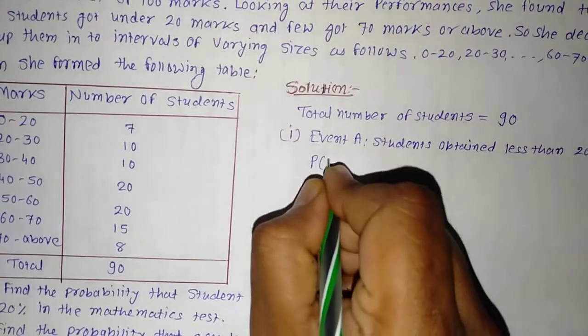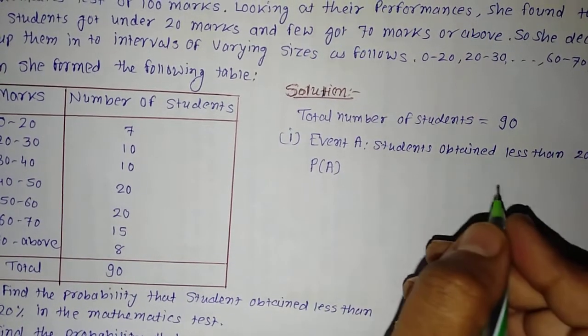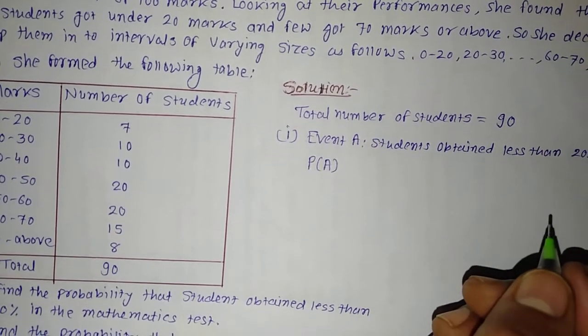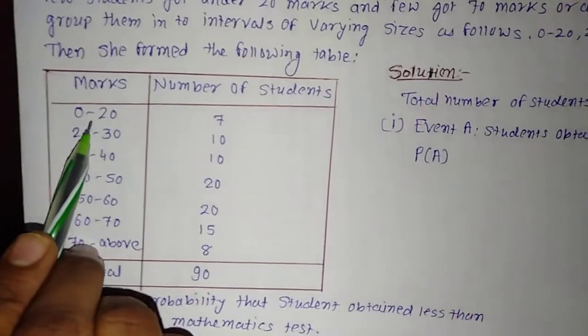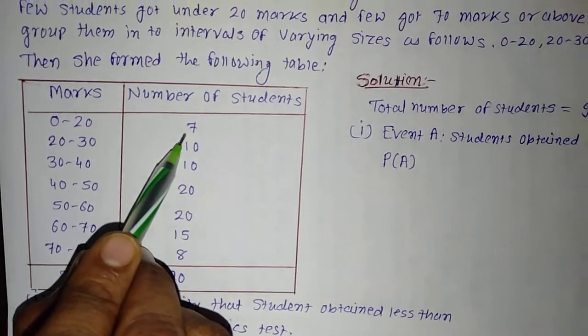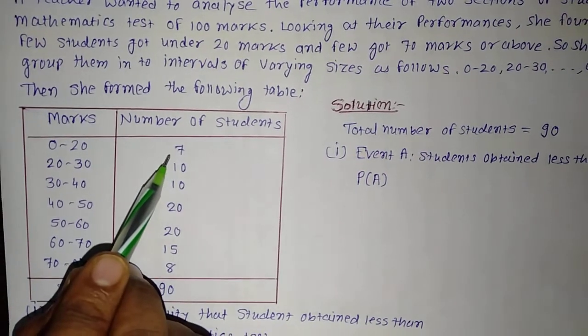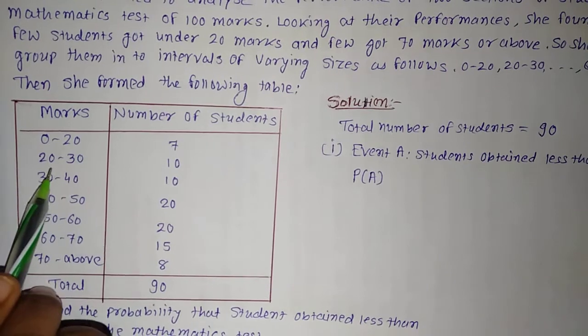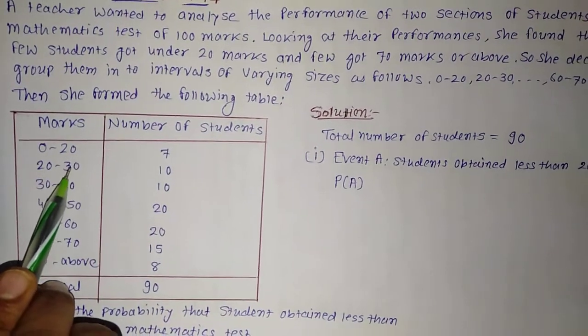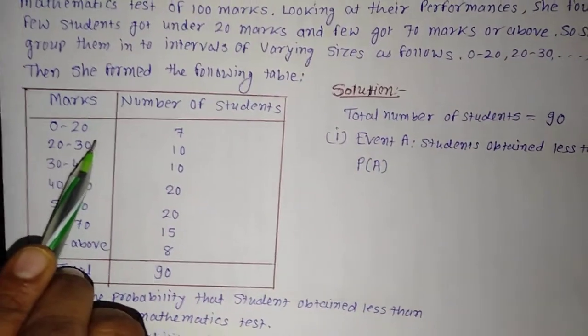I will say the probability of the event that a student obtains less than 20 marks. We will refer to the table. In the table you can see the marks between 0 to 20 is 7. Actually this question must be like this, a student obtains less than or equal to 20 marks, but you can see the next data is 20 to 30. So they have asked less than 20 marks.